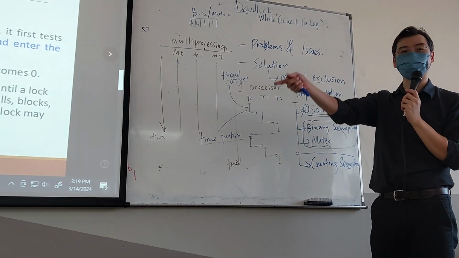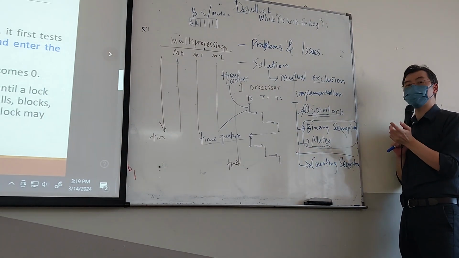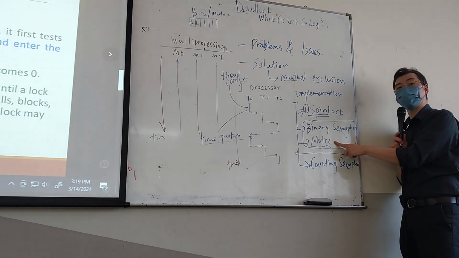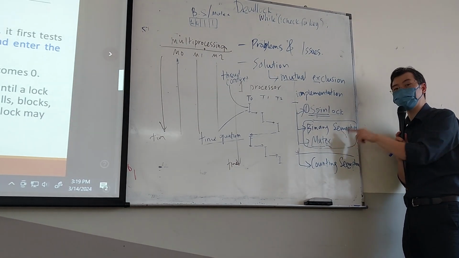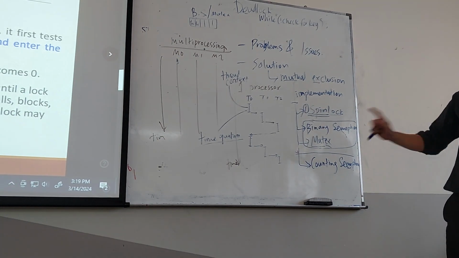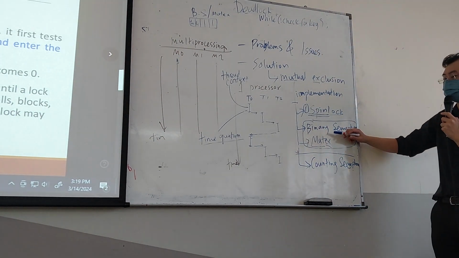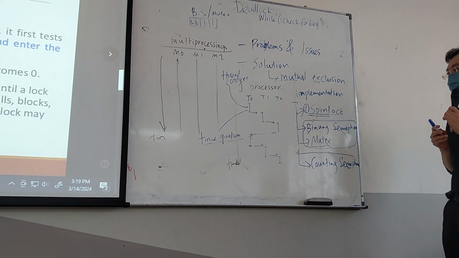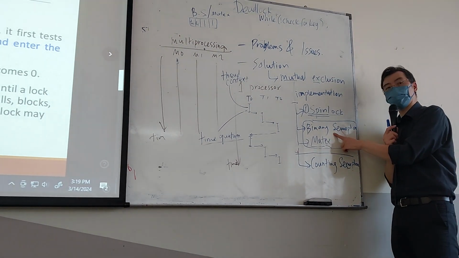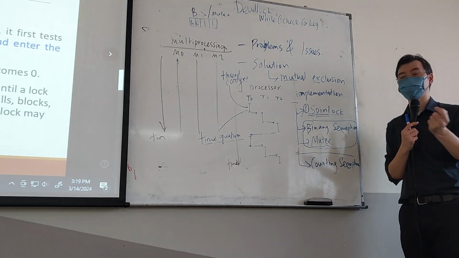So they lock one another. With ownership, the operating system will only allow the owner to unlock. If you lock it, you can unlock it. But if you don't own it, you cannot unlock. If you unlock, then you get into this kind of situation. So that is the difference between binary semaphore and mutex. Now, why do you have a binary semaphore if, let's say, mutex does all the job?